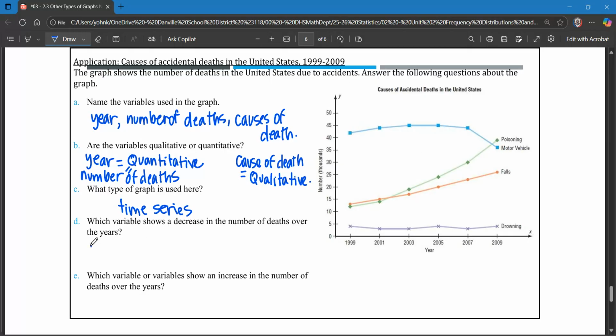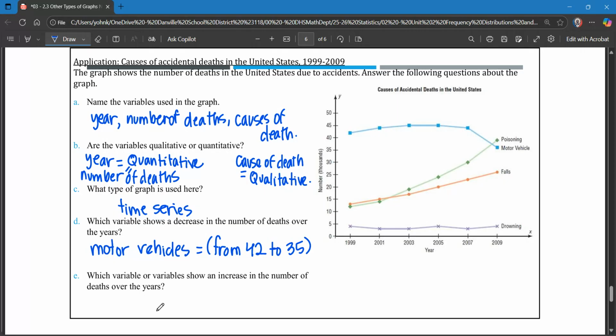So I'm thinking motor vehicles. And if you compare, it started at about 42 and it ended at about 35. So we can say from 42 to 35. So that shows a decrease.